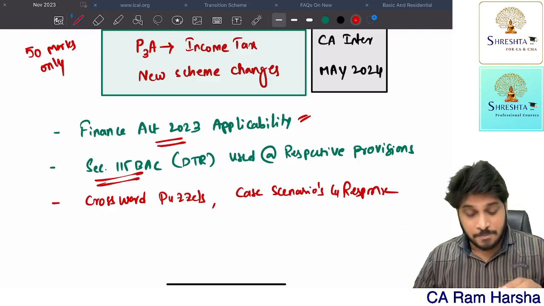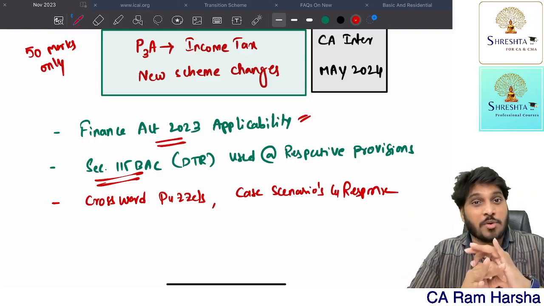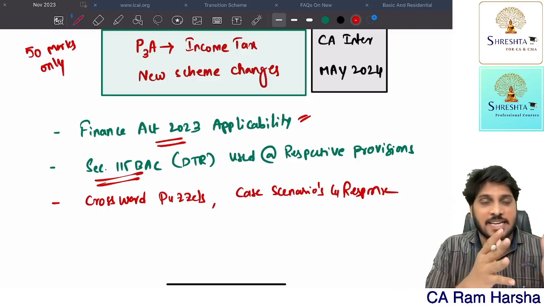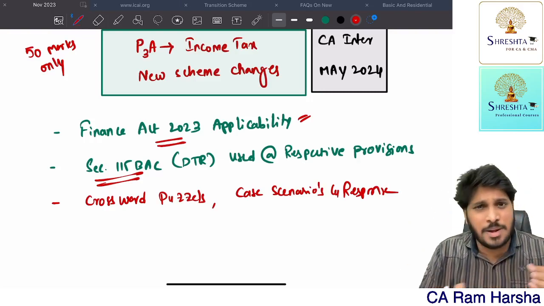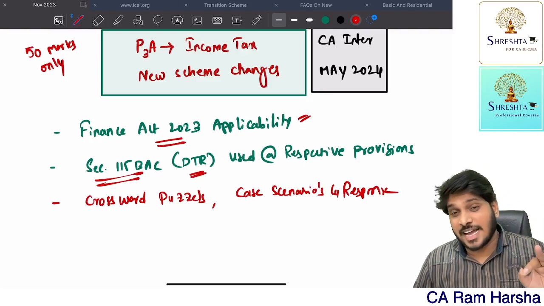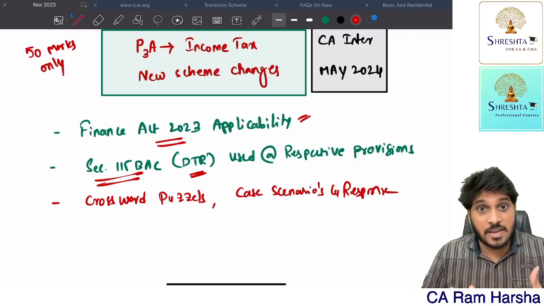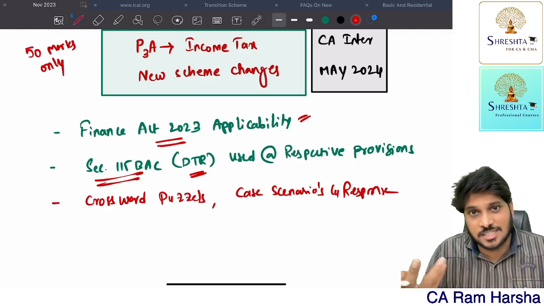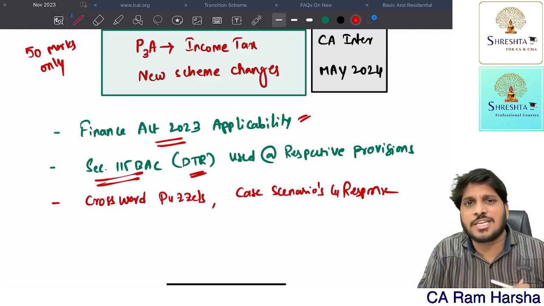In addition, section 115BAC has implications on many provisions of the income tax law: capital gains, house property, salary income, rates of tax, and many other places. What is 115BAC? It is nothing but the default tax regime, where you have a rebate up to 7 lakhs. If the total income does not exceed 7 lakhs, there is a rebate of the complete tax. This is a new amendment, a Finance Act 2023 amendment.